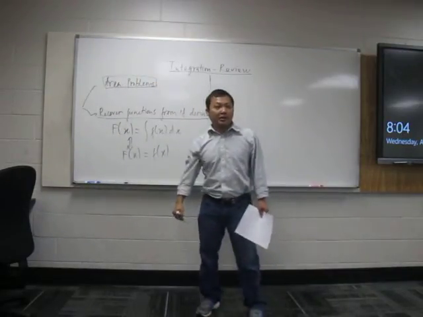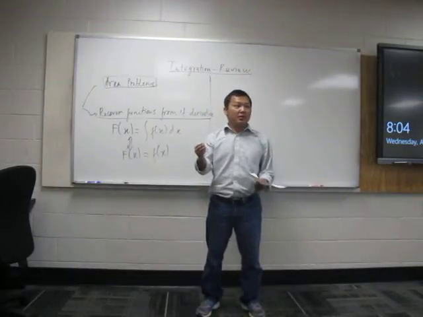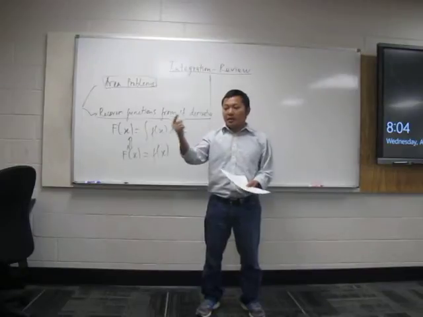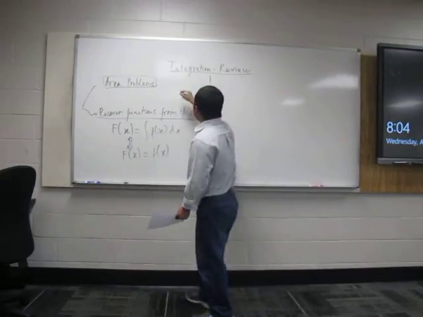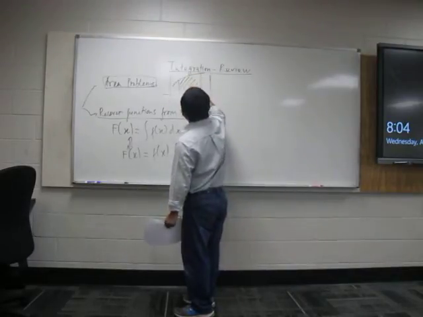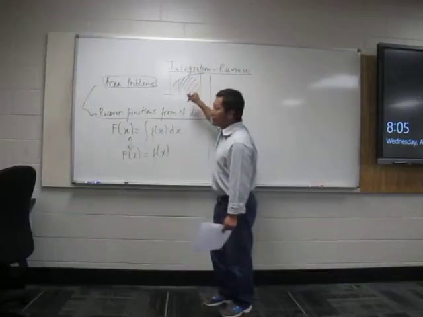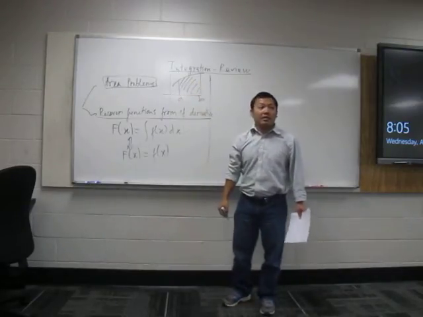For the first problem, the area problem, please remind me the process. Suppose we have a very good function, which is continuous and non-negative on some interval. We want to find the area of the region enclosed by the graph of this function on some interval a and b. So how to do that?